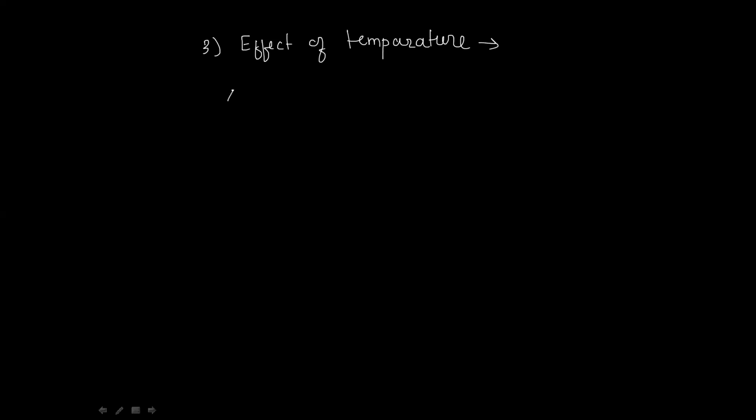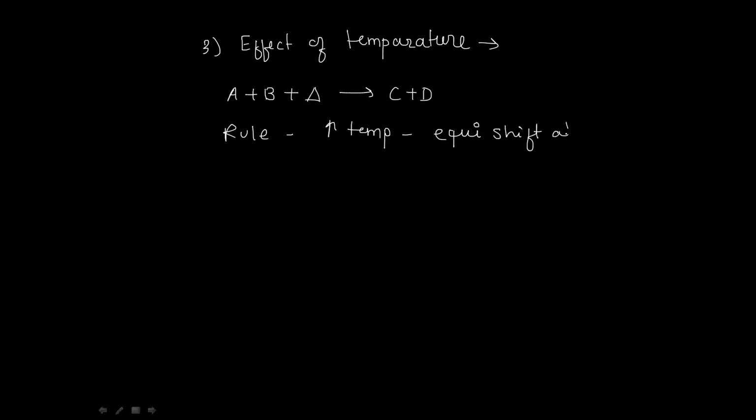Let's see this by observing one reaction: A plus B plus delta, which denotes heat, gives C plus D. The rule for the effect of temperature is that if you increase the temperature, the equilibrium will shift in the direction which proceeds with the absorption of heat.